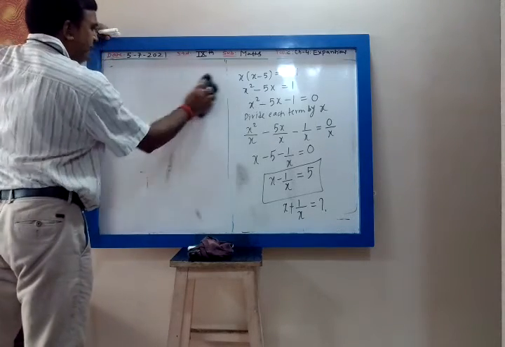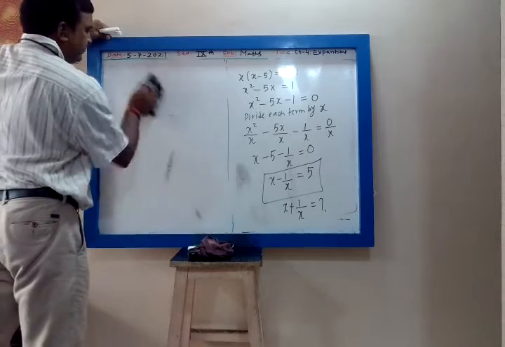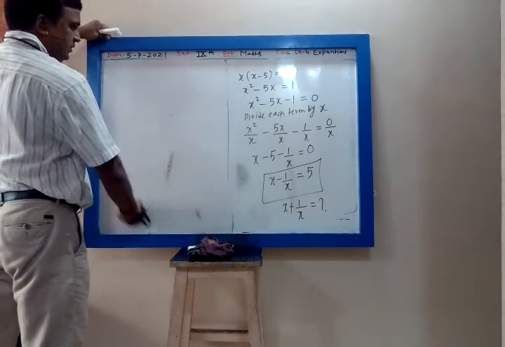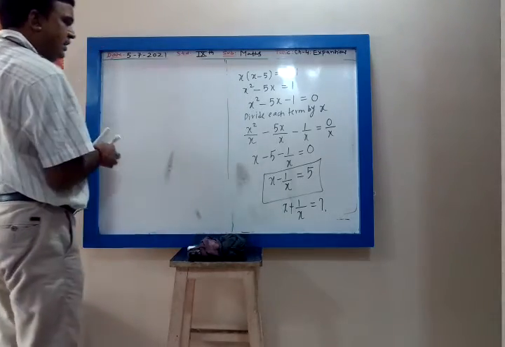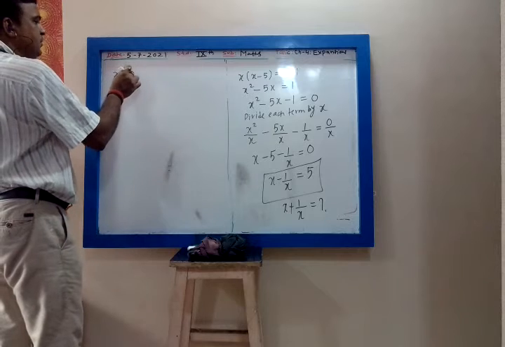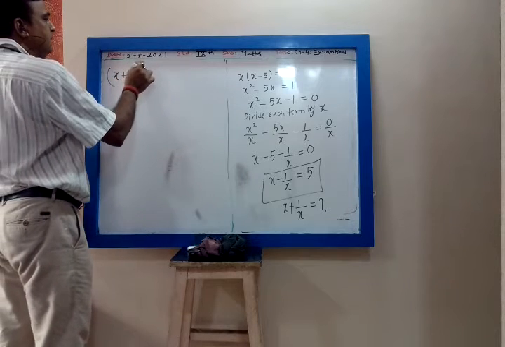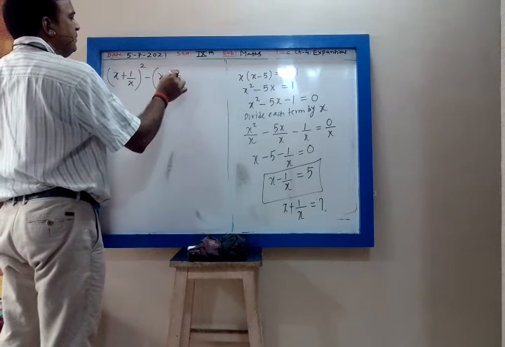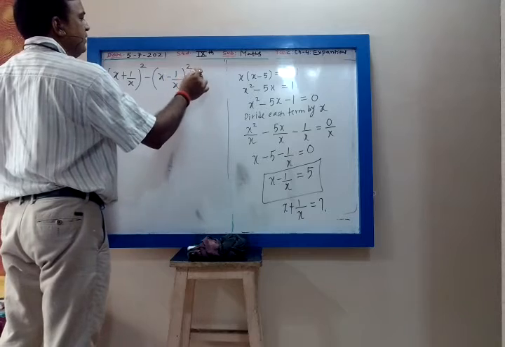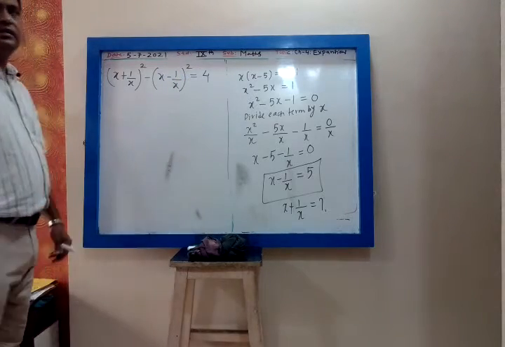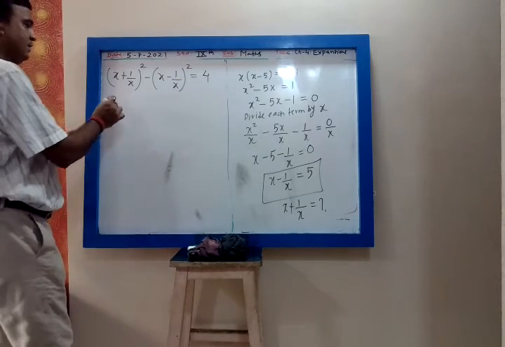So which formula will you use? Direct formula. Yes or no? You will use the direct formula. X plus 1 upon x whole square minus x minus 1 upon x whole square is equal to 4. Correct? So x plus 1 upon x we have to find.